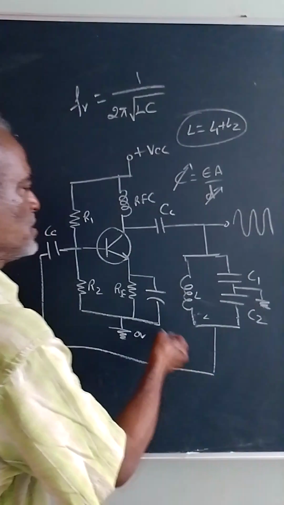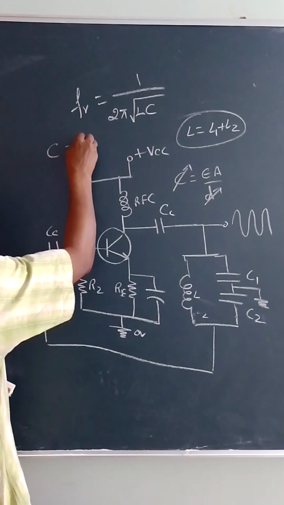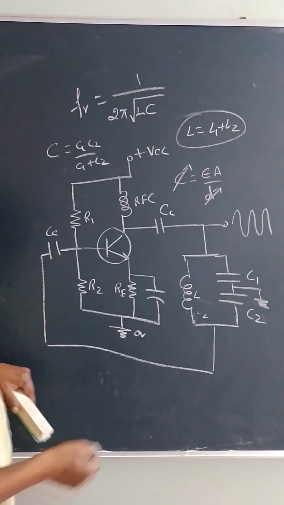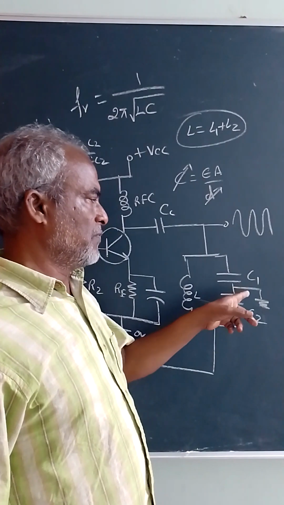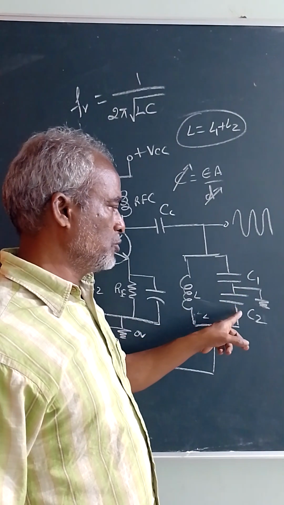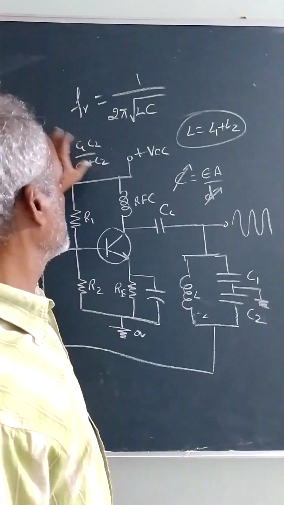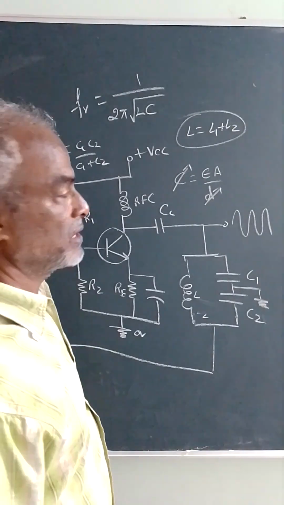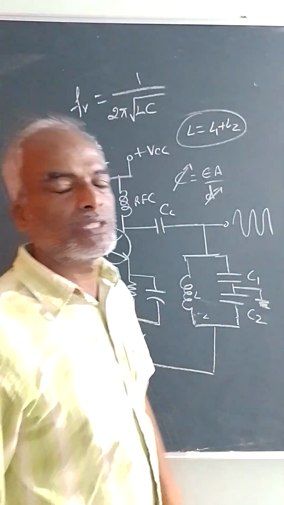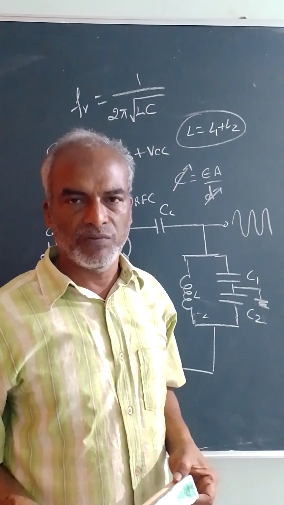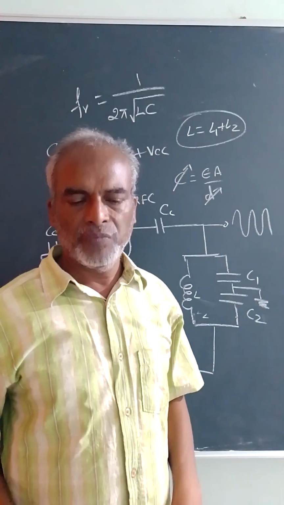So in this case, C is equal to C1 C2 by C1 plus C2, because it's in series. Therefore, if I am choosing C2 as the condenser microphone, C2 will change. When C2 gets changed, the overall C value gets affected. Therefore, the frequency of oscillations at the output is altered. Thereby, we are producing a frequency modulated waveform.